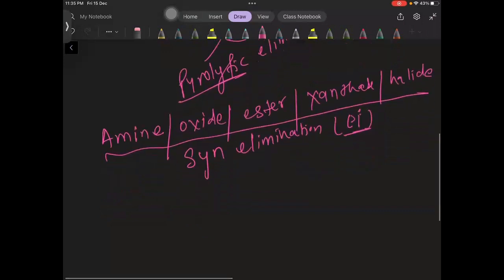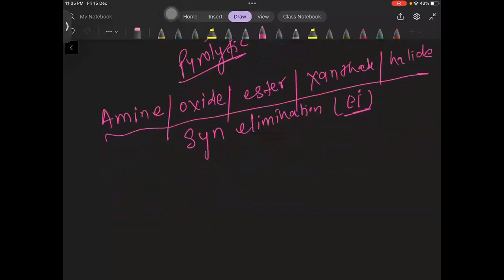Now, there are some criteria, some conditions for Ei reactions.